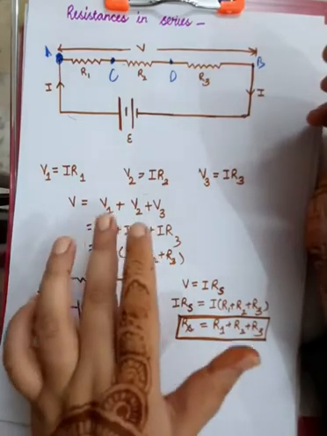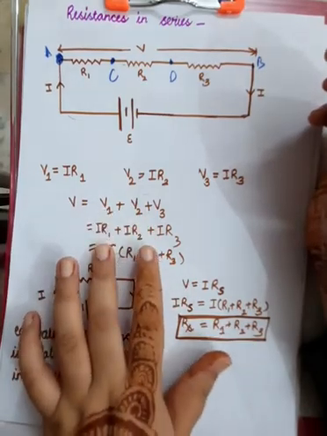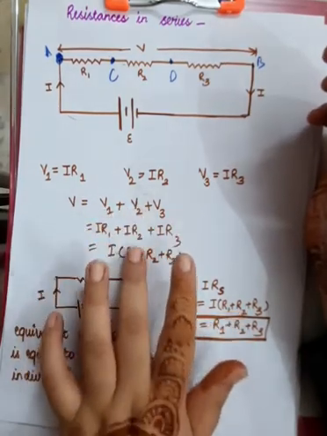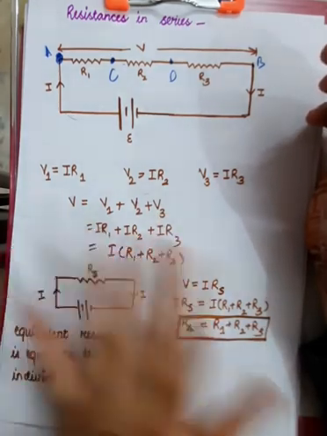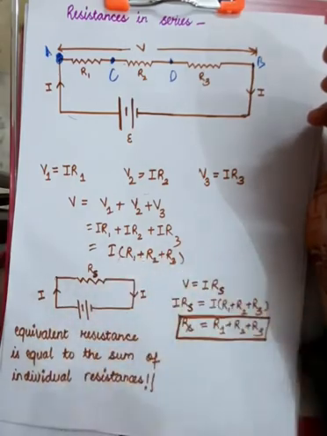So in that way, V1 can be written as IR1, V2 as IR2, V3 as IR3, and when you add them, you are going to get this.